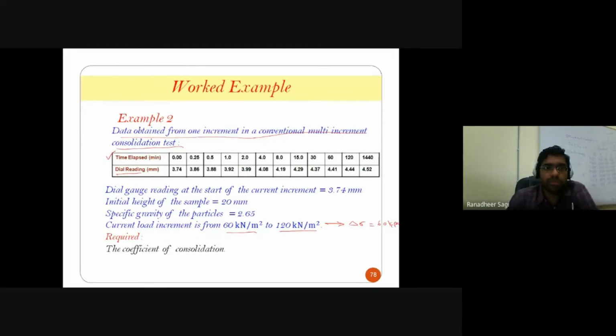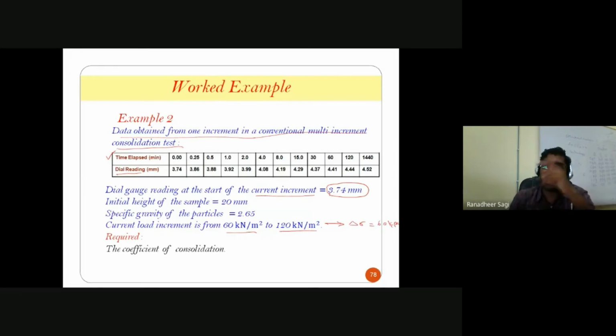And you could see some of the data given. The dial gauge reading at the start of the current increment, I am not saying it is the dial gauge reading at the start of the test. Before you started to place an additional stress increment of 60 kilopascals on the soil sample, the dial gauge reading you had is 3.74 mm.